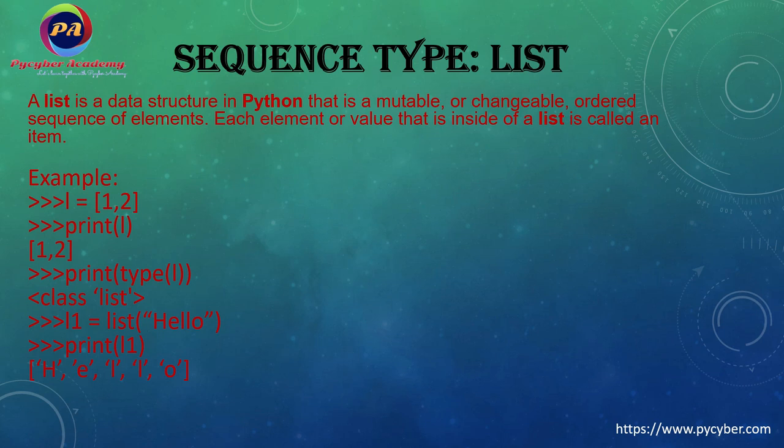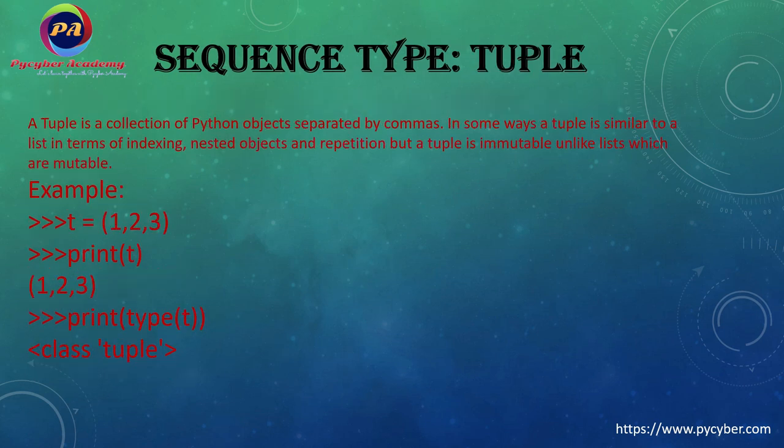That's why HELLO, there are 5 characters, and using these 5 characters we get the string hello. So when we convert this string into a list, it takes every character as an element of this list. So when I print L1, we get H, E, L, L, O as different elements or items in the list.